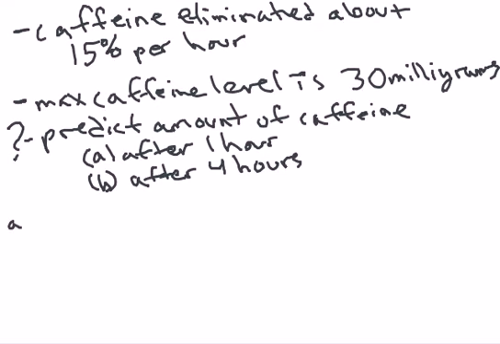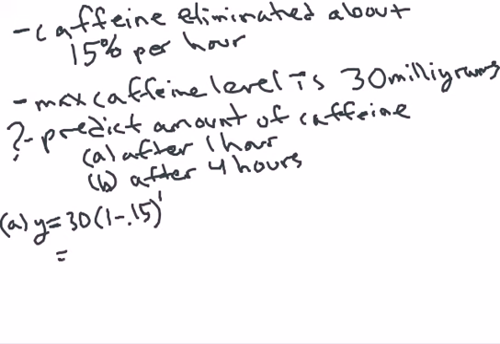So we'll do part A here. So Y is going to be the amount of caffeine in milligrams after so many hours. So A is my initial value of 30 milligrams. It is decaying, hence the minus sign here, at a rate of 15% per hour. 15% is 0.15, and we're interested in after 1 hour.